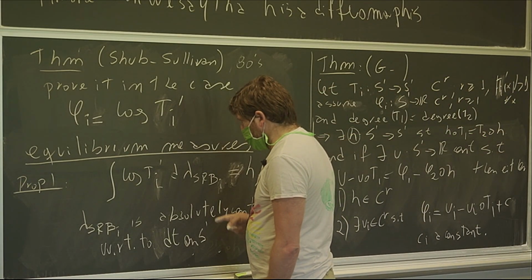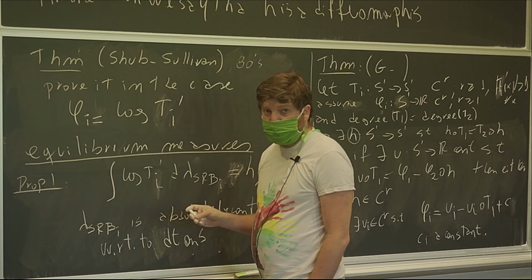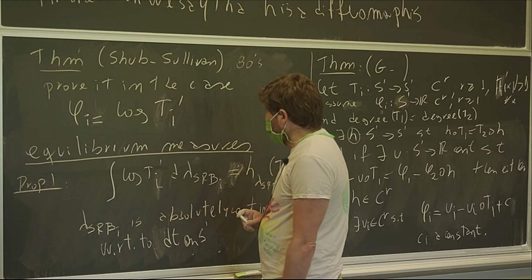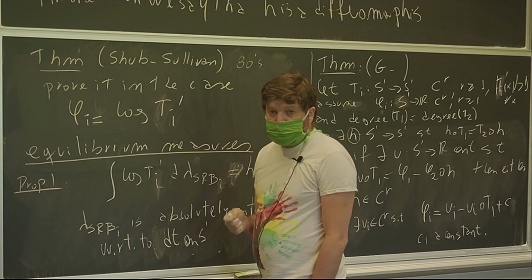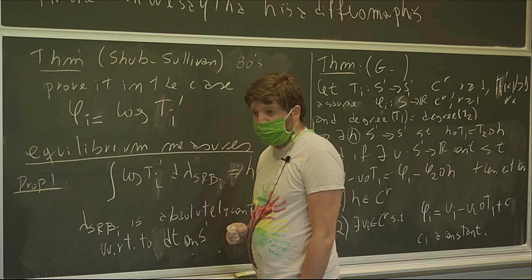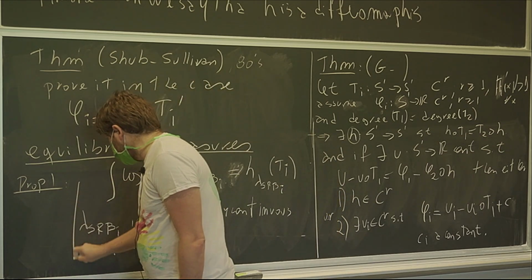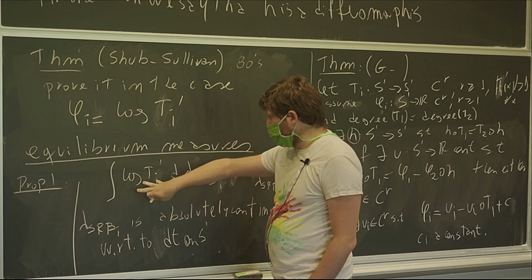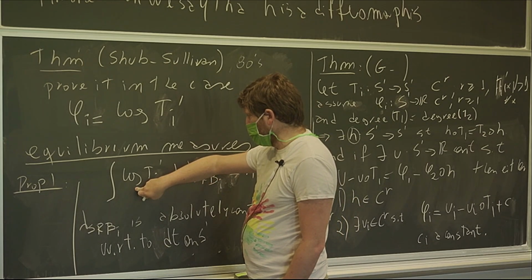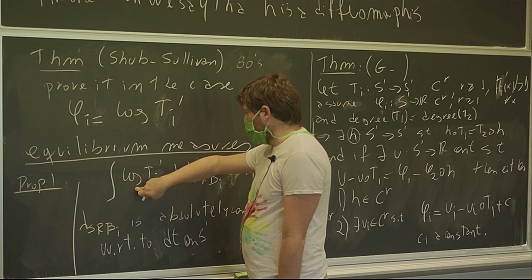Now, if you think in these terms, actually, the proof of Shub-Sullivan is just one line left. It finishes in a second. And that's why this log of Ti prime here was so important.